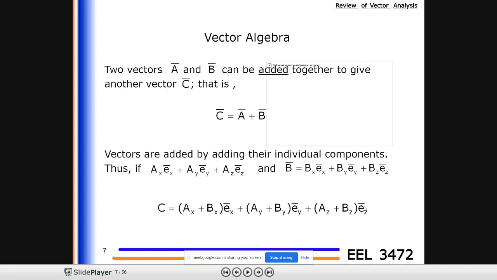Simple it is. Simply adding the two vectors, just add the respective components of x together, y together, and z together. Keep it in. So this is the c vector. It is not written a vector on top, it is c vector. So this is the resultant vector.